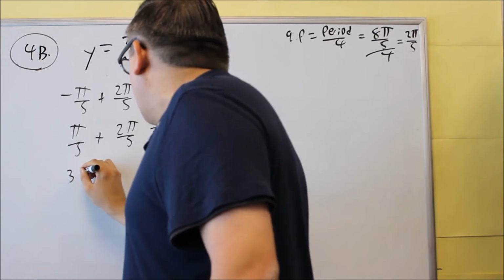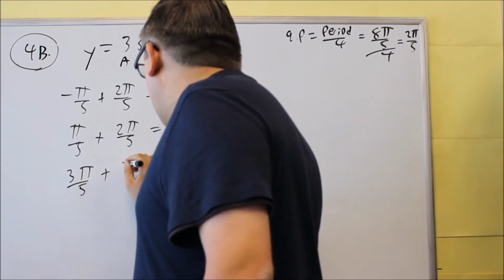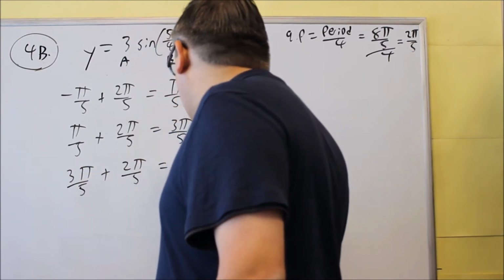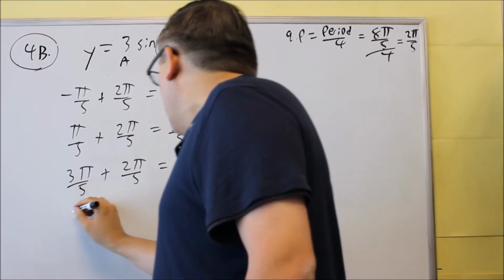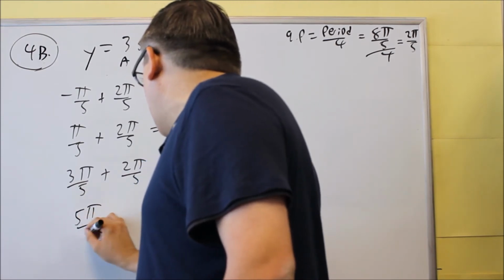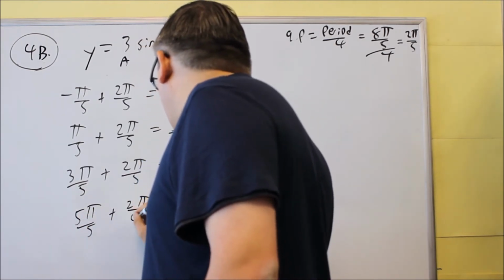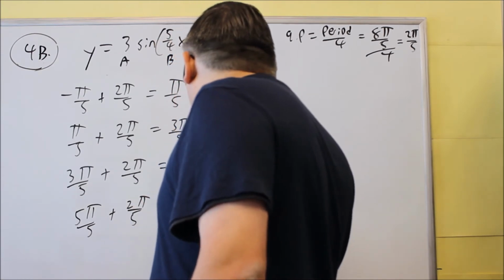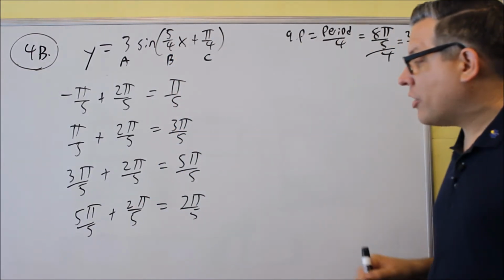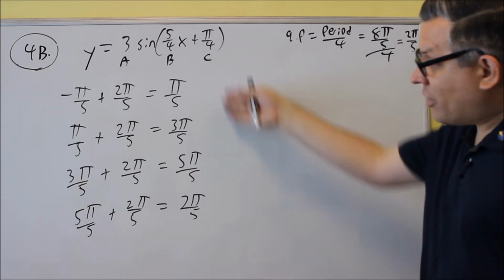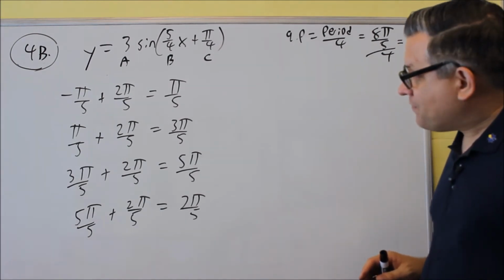Then 3 pi over 5 plus another quarter point gives us 5 pi over 5, and then finally 5 pi over 5 plus 2 pi over 5 gives 7 pi over 5, which is the last key point. So this is all the other key points that you're going to have for this one.